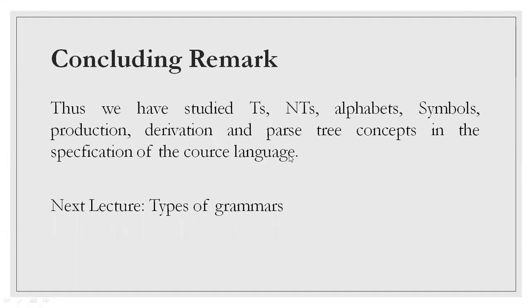Thus, we have studied what is meant by terminal symbols, non-terminal symbols, alphabet, symbols, productions, derivation, and parse tree concepts in the specification of the source language. In the next lecture, we will see types of grammars.